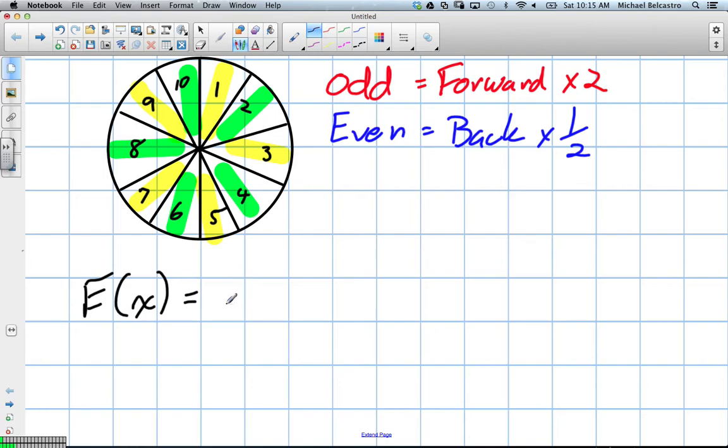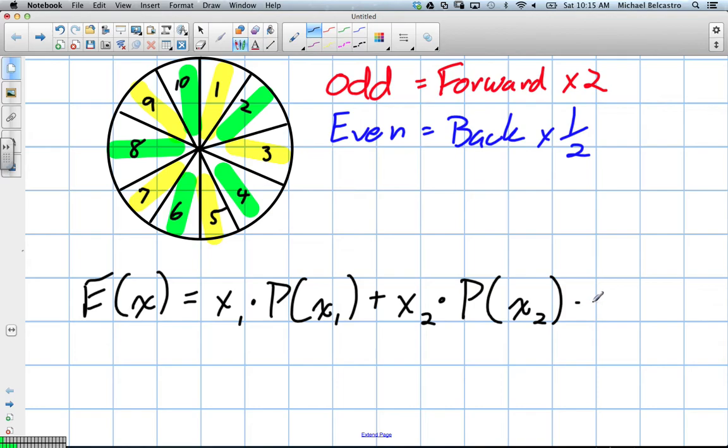Essentially this formula is the value of the first outcome times the probability of that event happening, plus the value of the second outcome times the probability of that event happening, all the way to the last. The P's not brackets there, the probability of the last event happening. So what does that all mean? Well, we'll go through these one at a time.